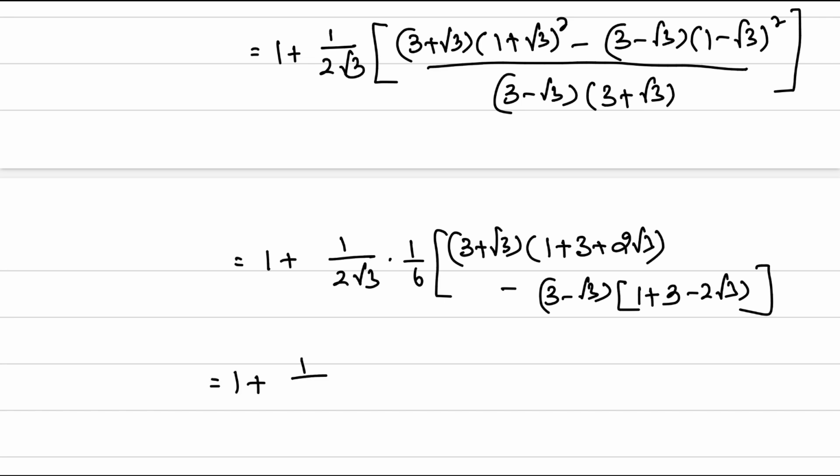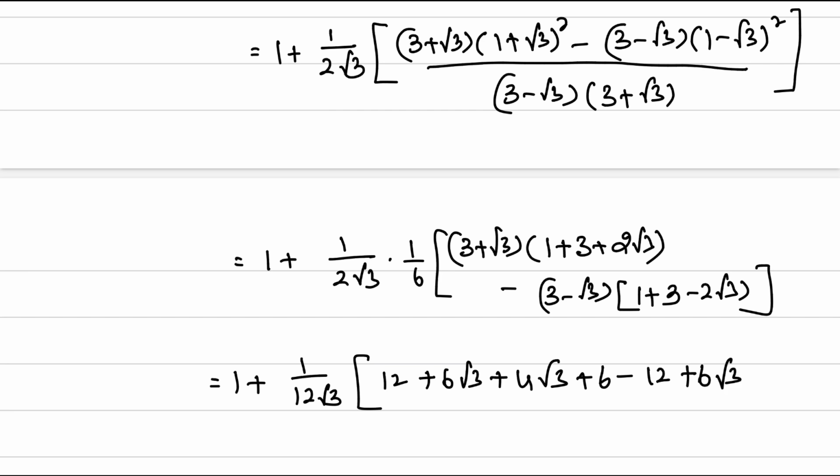That is equal to 1 plus 1 by 12 root 3 into, 3 into 4 is 12, 3 into 2 is 6 root 3, plus 4 root 3, plus 2 into 3 is 6, minus 3 into 4 is 12, minus 3 into minus 2 root 3 is plus 6 root 3, and minus into minus is plus, into 4 is 4 root 3.